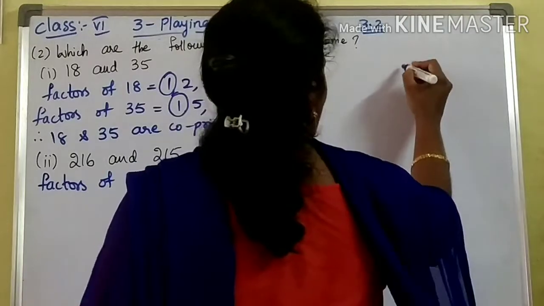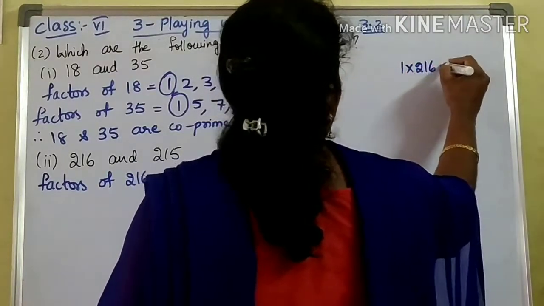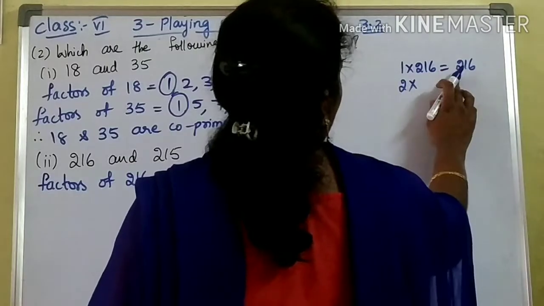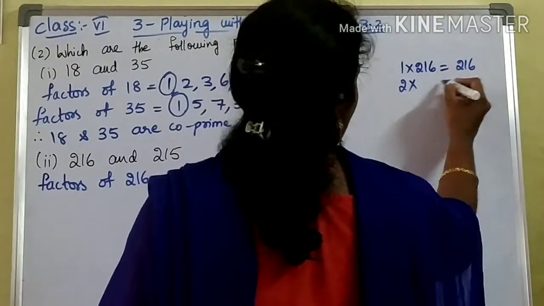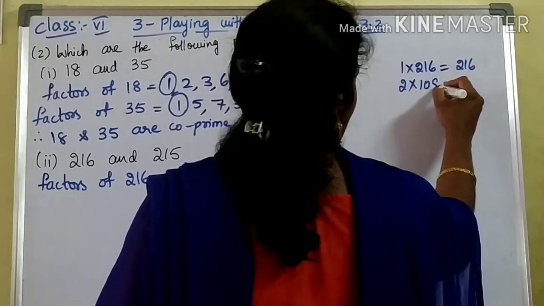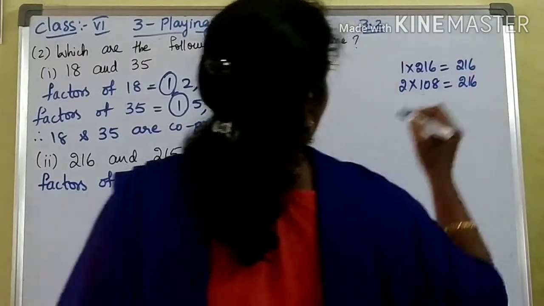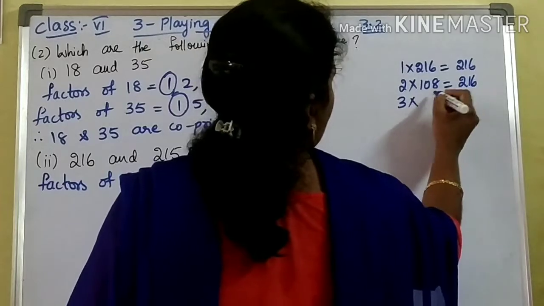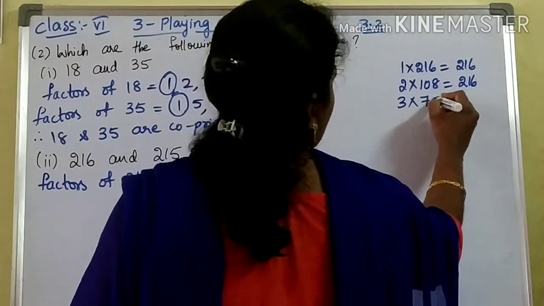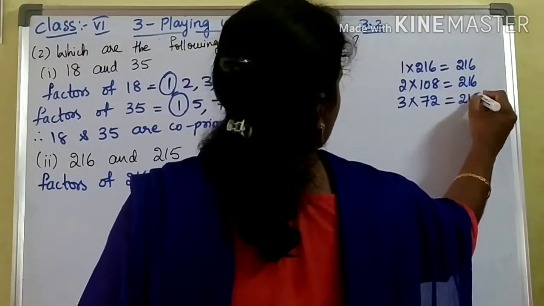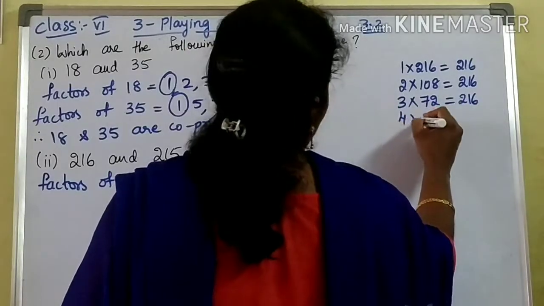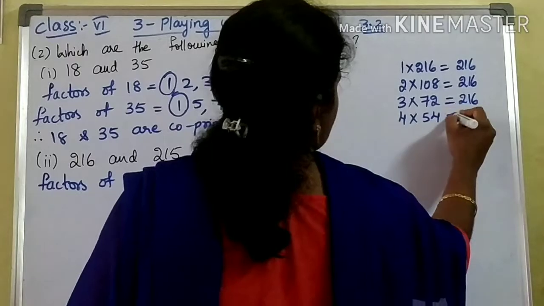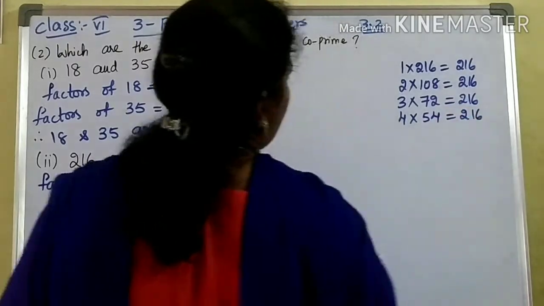1 into 216 gives you 216, right? Will it go in the 2 table? Yes. 2 how many times? When you do cancellation, 2 1s are 2, 0, 8, so 2 into 108 is 216. 3 how many times? 3 7s are 21, 3 2s are 6, so 3 into 72 is 216. Will it go in the 4 table? Yes. 4 5s are 20, 4 4s are 16, so 4 into 54 gives you 216.